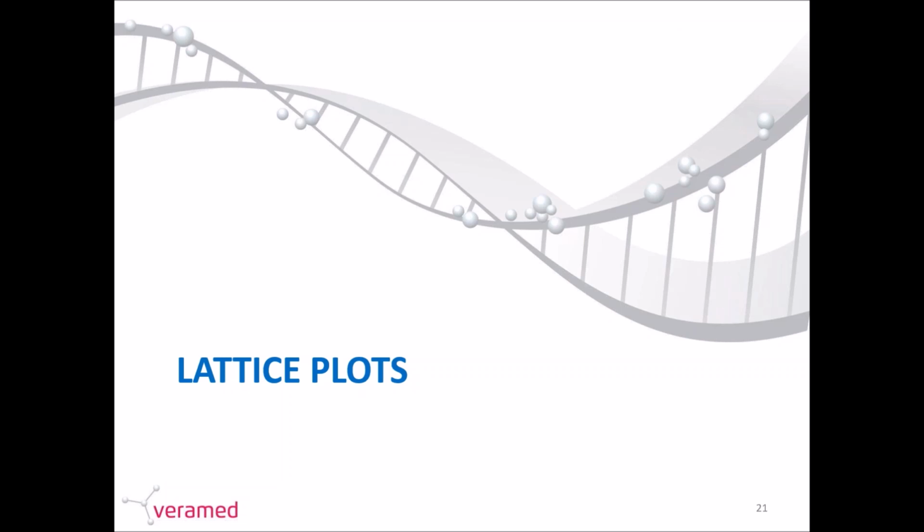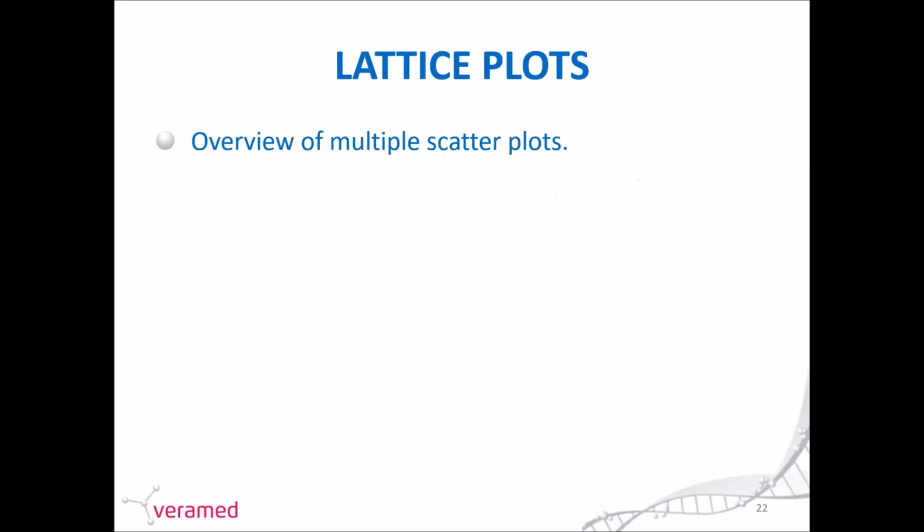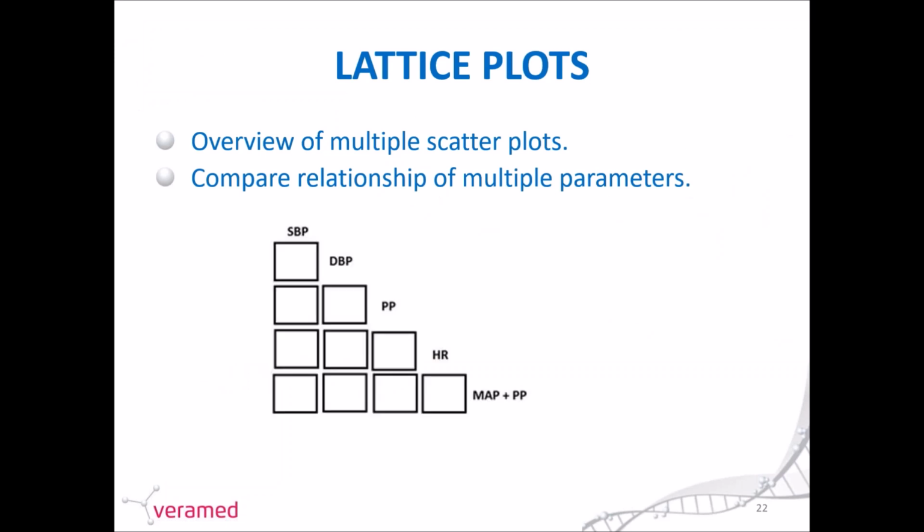My example is going to be the relationship between multiple vital signs tests or parameters. The request was to have 5 different parameters: blood pressure, pulse pressure, heart rate, and to draw them in a grid against each other.